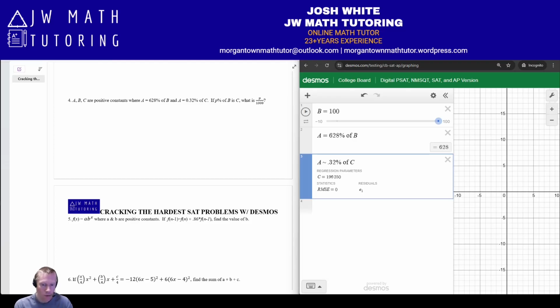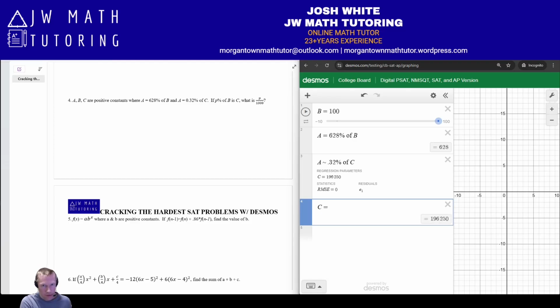So now what I need to do is basically find the value of P and then take that P value once I find it and just divide it by 1,000. So the thing is, what we can do is we can actually now just type the equation relating B and C and P. In other words, I'm going to just type the C part on the left, even though it's second.